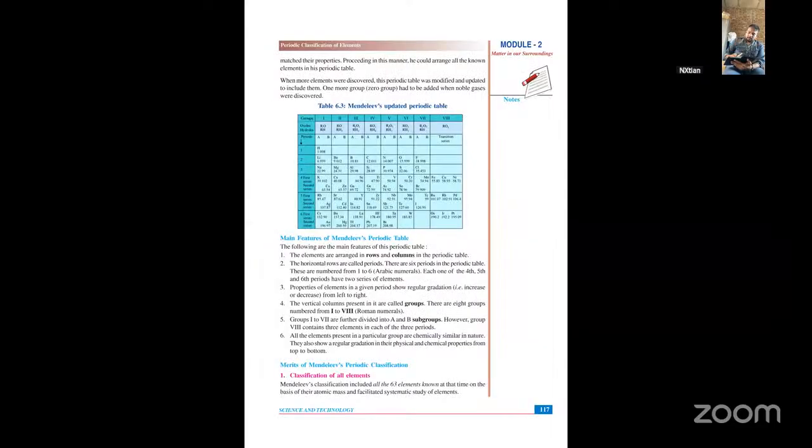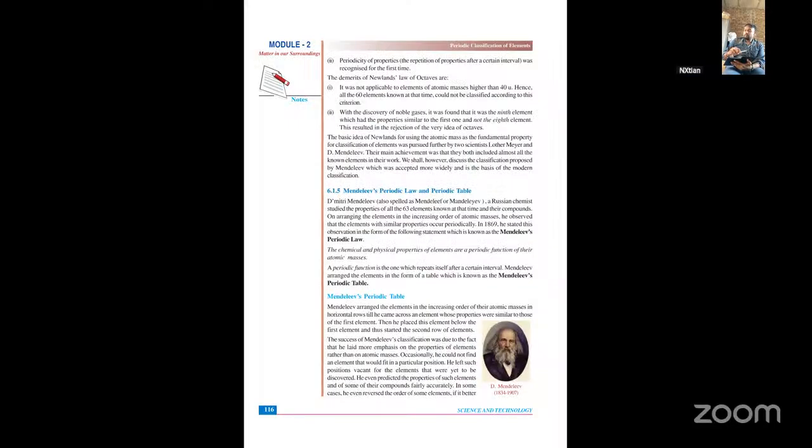Okay, now till yesterday, we learned about Newton's law of octaves. Sa, re, ga, ma, pa, da, ni, sa. Today we will learn about Mendeleev's law of periodic table. So basically, yesterday we learned that they arranged elements in increasing atomic masses, and found some relation.